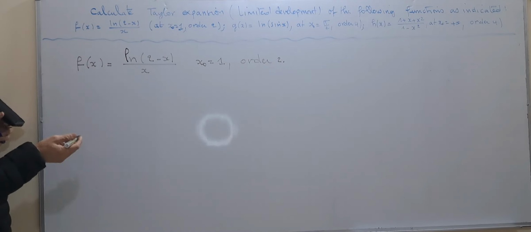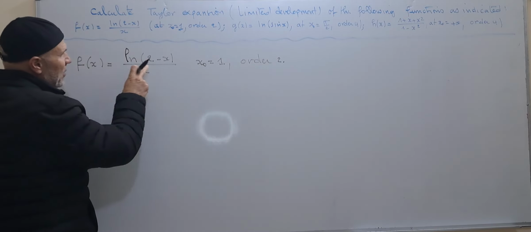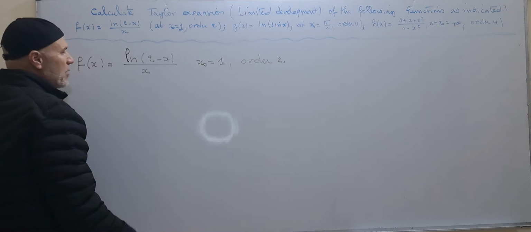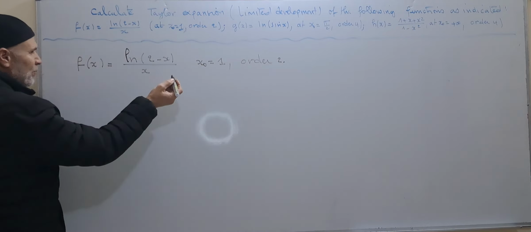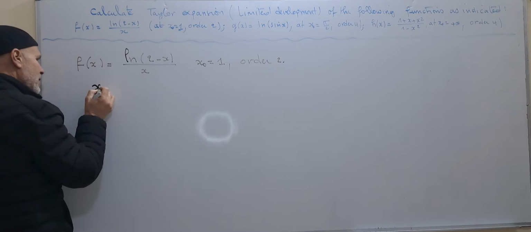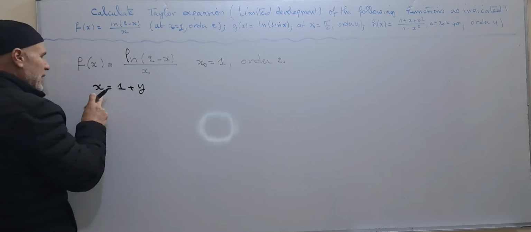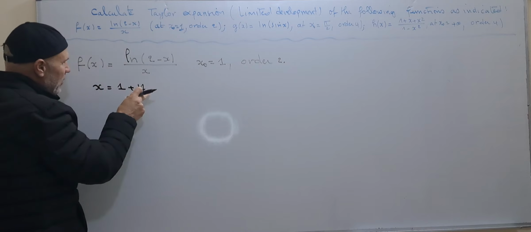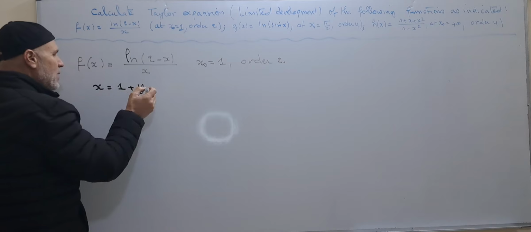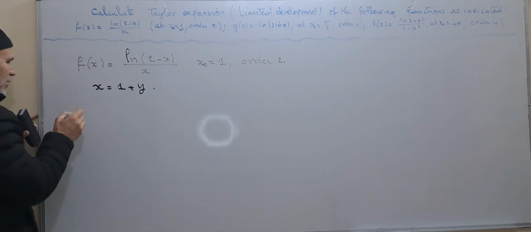What we can do is simple, since we are dealing with this function near x0 equal to 1, it is differentiable, so we can use the formula. With x0 equal to 1, let x be equal to 1 plus y. When x is around 1, y is near 0.